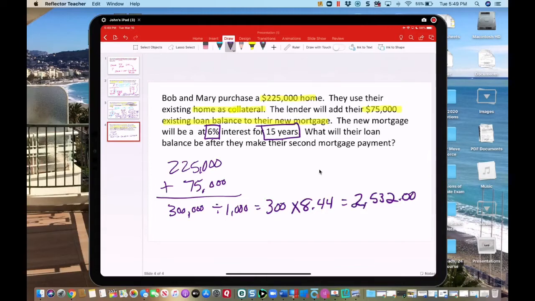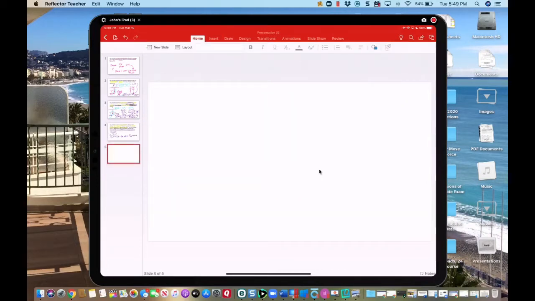But the problem says, what will their loan balance be after they make their second mortgage payment? So we know several things here, and they're going to make 2 mortgage payments, and we are going to find out just exactly what. So I'm going to hit a new slide right here, and we know their loan amount is $300,000.